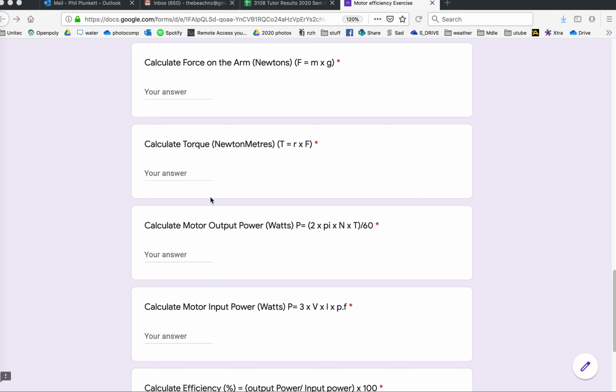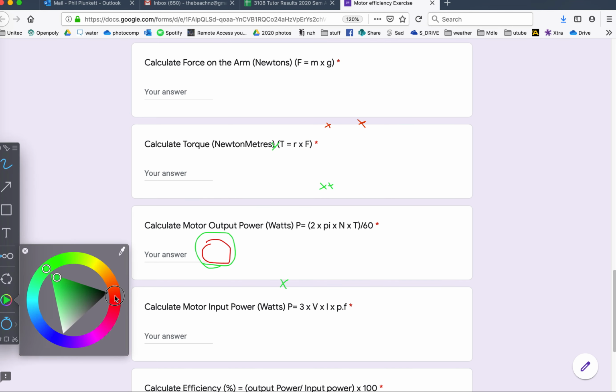So I'm just going to put a little picture here. If I have a shaft, if I want to measure torque, I can put an arm on it, and it's going to rotate like this, okay? And I can measure the force on this, and I also need to know the length between here and here.